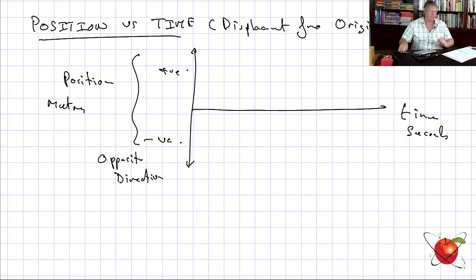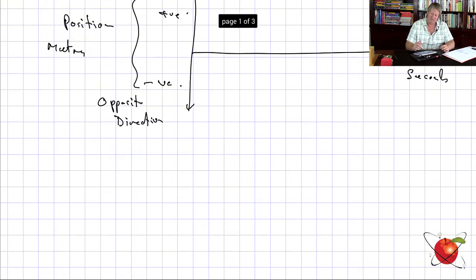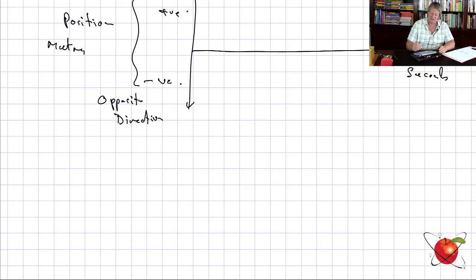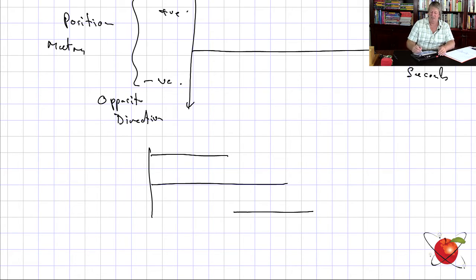So, let's have a look at some of these. You get some standard ones. First of all, let's look at the standard ones, position versus time. Well, the first one is this one, where you could have it there, or you could have a graph down there. So let's fill in. This is time. This is position.